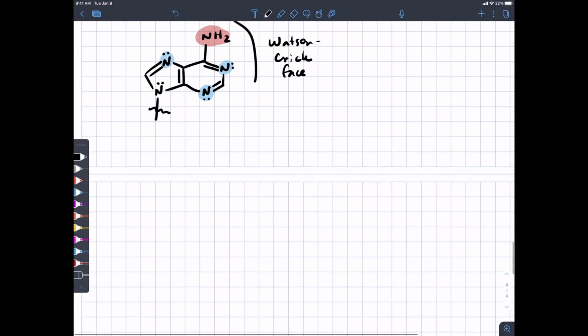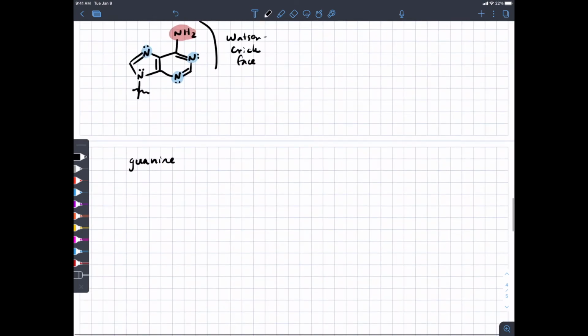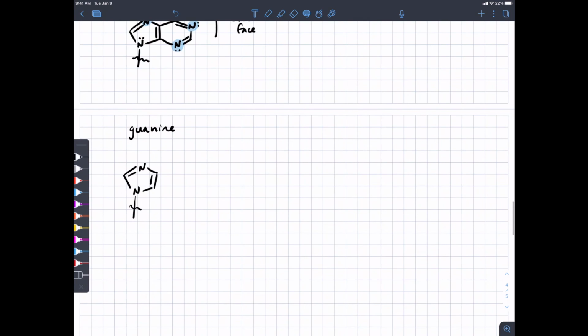All right. So next we'll do guanine. Guanine has the same basic ring structure as adenine. You've got these two nitrogens in the 5-membered ring bonded this way. The 6-membered ring in guanine is a little bit different, not in the placement of the nitrogens, but as to whether or not they're participating in double bonds. In guanine, this nitrogen is an NH group.